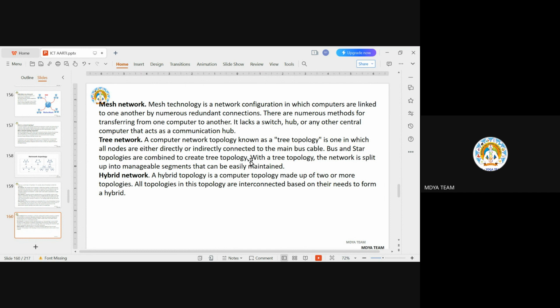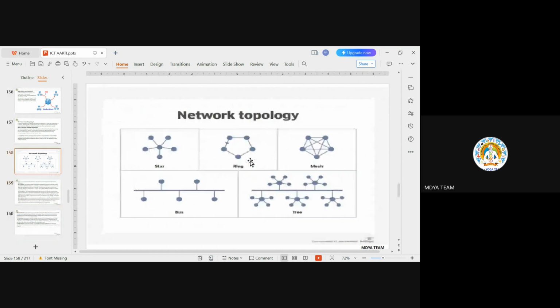That makes a tree network topology. As you see in the tree network topology, there is one cable in between, and all PCs are connected in the form of star topologies.